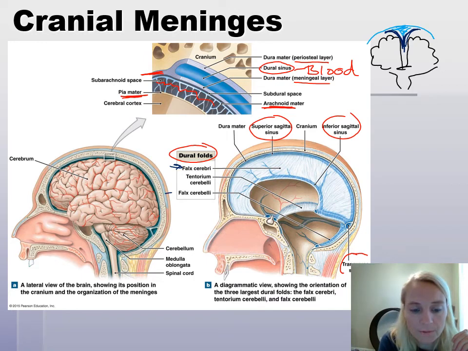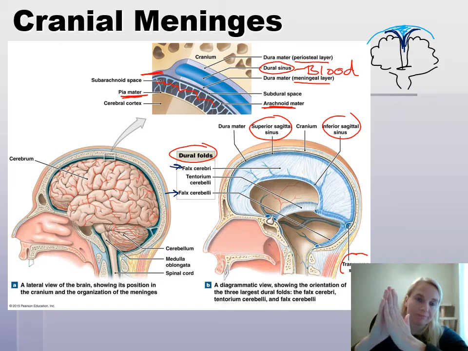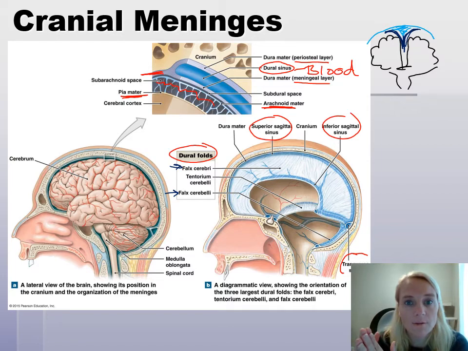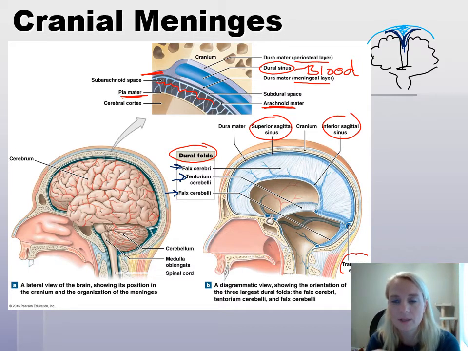And this is what we call the falx cerebelli. So again, it's just extensions of the dura mater, specifically that meningeal layer of the dura mater comes in and creates this kind of a wedge of dura mater tissue. And then we have another one called the tentorium cerebelli, sits inferior to the cerebellum.